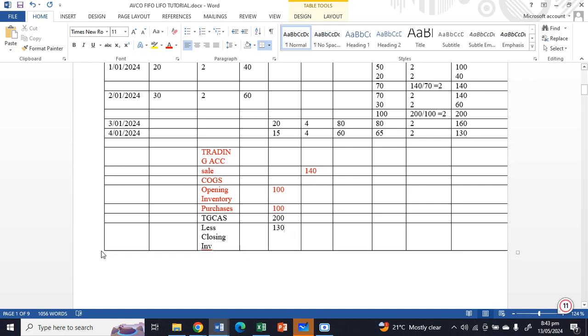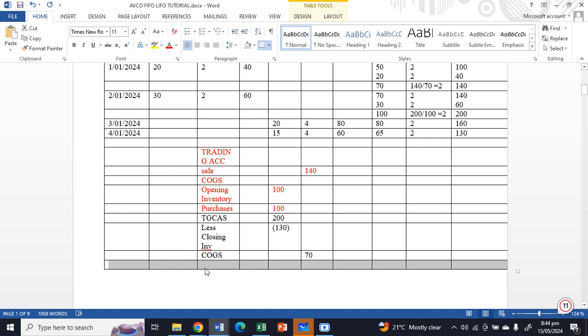To get the cost of goods sold, COGS, put this in brackets. We subtract total cost of goods available for sale, 200 kwacha, minus the closing inventory, 130 kwacha. We're going to get 70 kwacha. So this is the cost of goods sold.